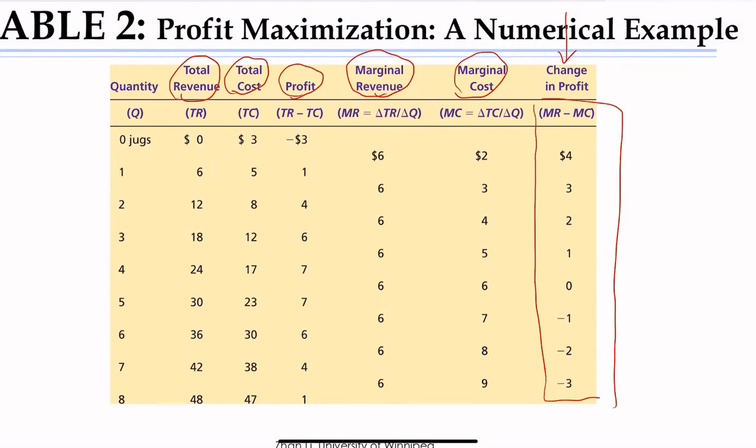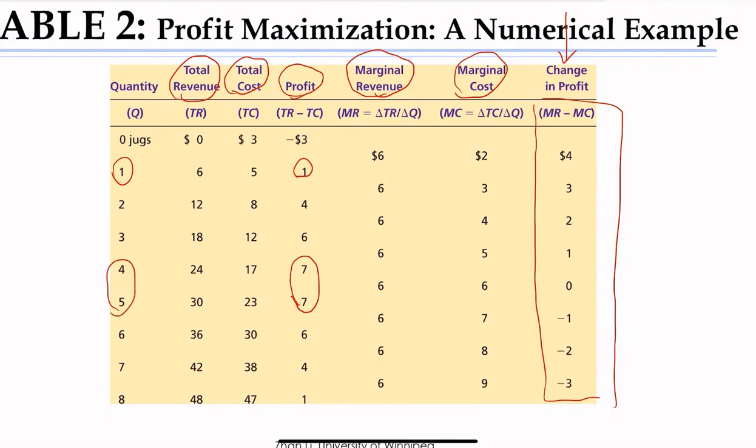So you can see that at different quantities, the firm is having different levels of profit. For example, if the quantity is 1, the firm earns a profit of $1. And clearly you can see that the firm's profit is maximized at $7. And at what quantities can we have $7 of profit? It's 4 or 5, right?